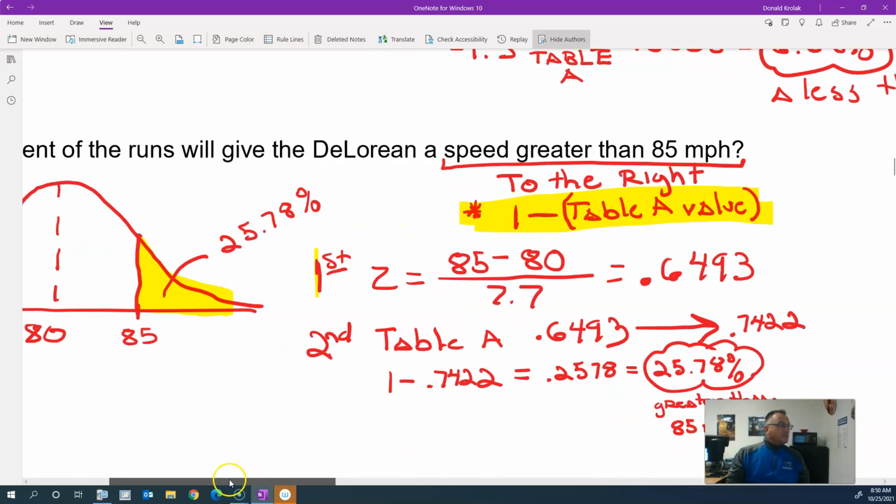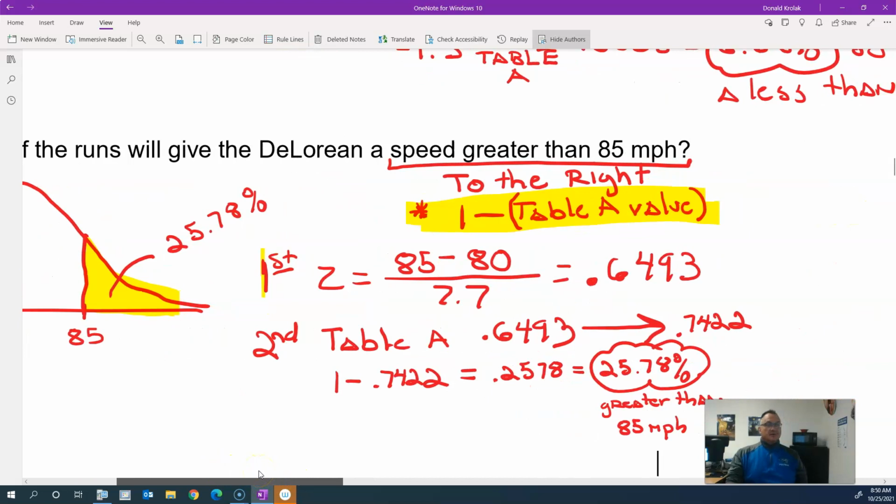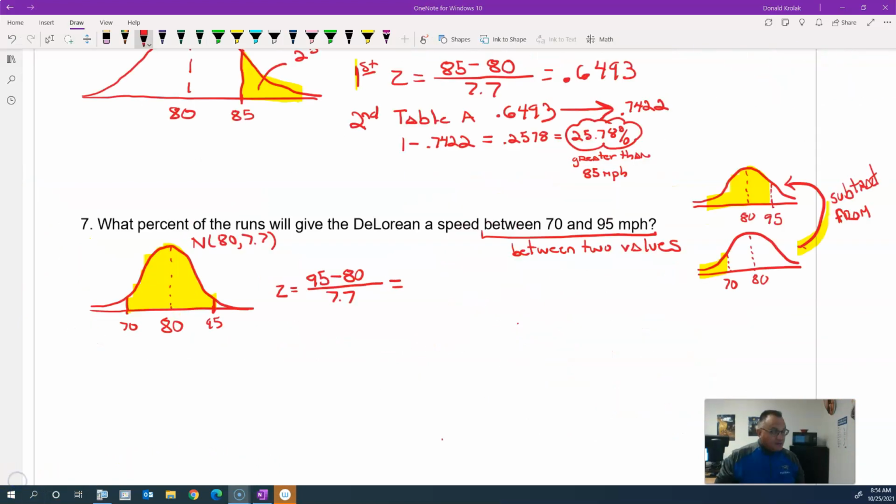Okay, now the last one, you've got to find it's between two values. So I'll give you a second. Let's see. 94 minus 80 divided by 7.7. Okay, so this one is 1.94.